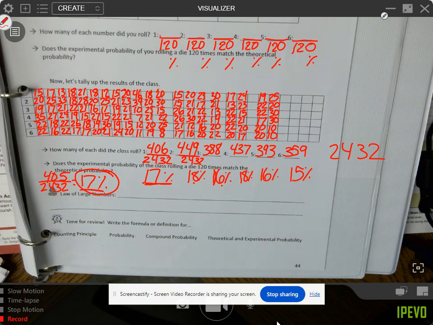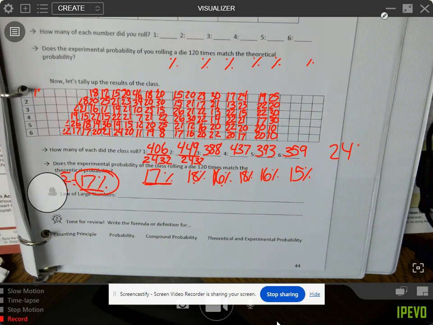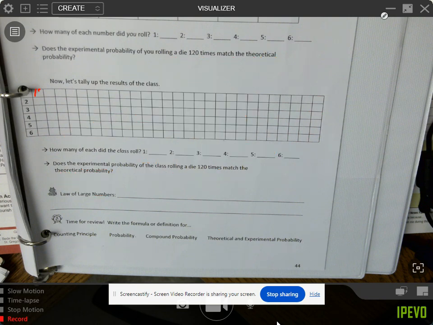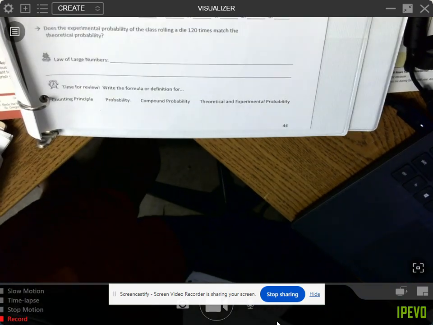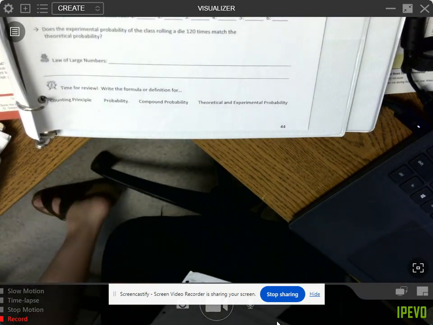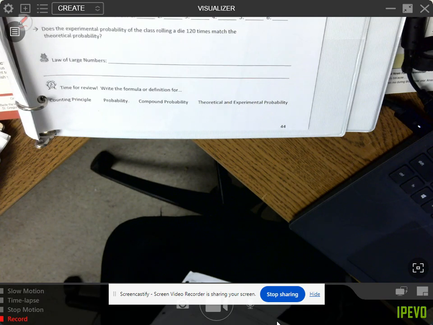This comes down to our law of large numbers. So let's look at what our definition for law of large numbers is. Law of large numbers says the more times you do something, this is important to know, it's on the test.